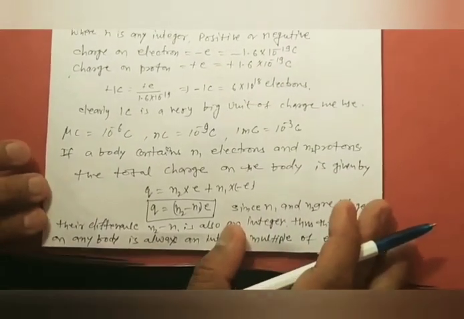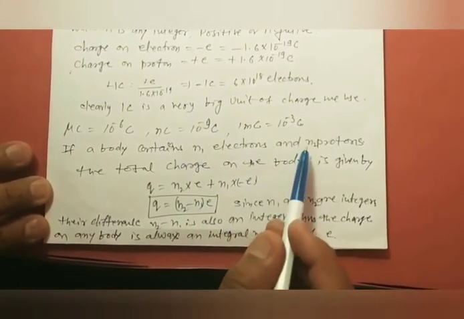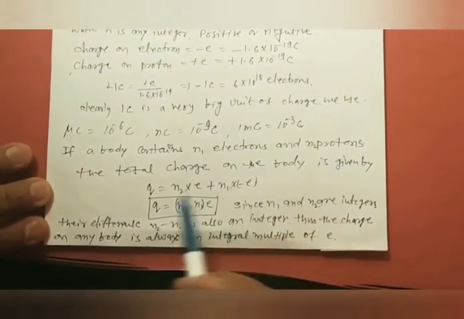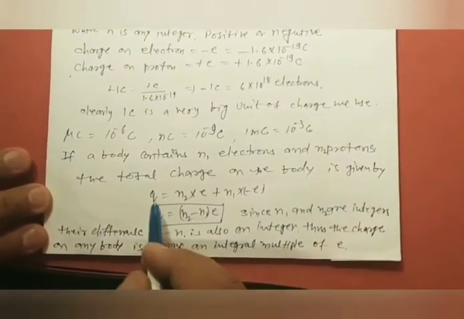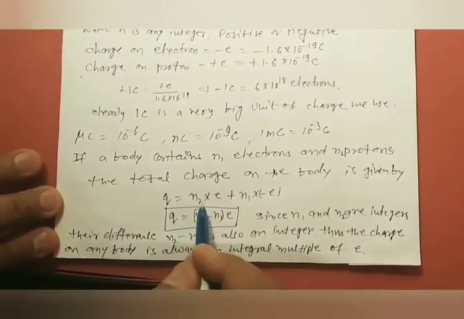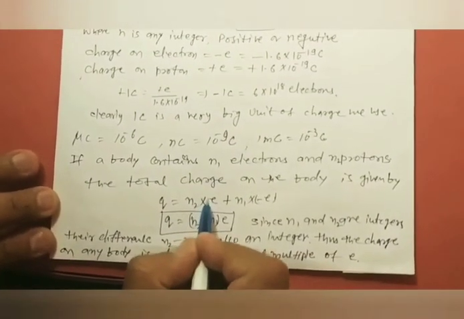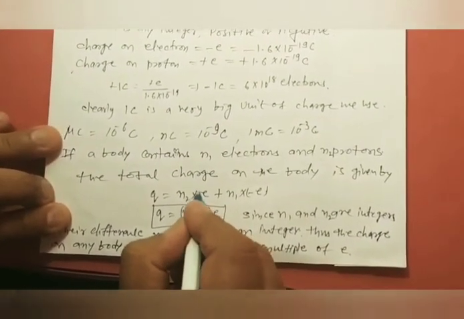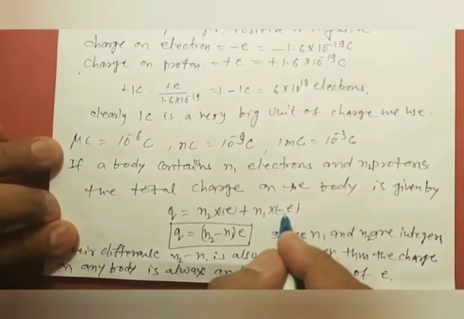If a body contains n1 electrons and n2 protons, then the total charge on the body is given by Q equal to n2 times e, or we can write plus e, plus n1 times minus e.